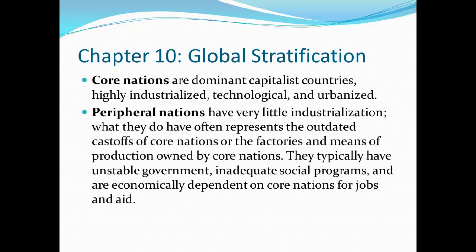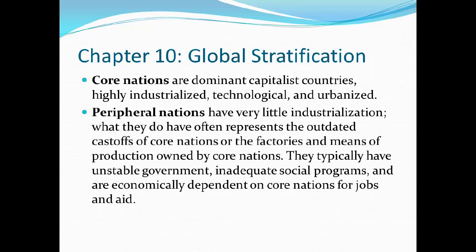I'm happy for that. At the same time, because of peripheral nations, even if they're just trying to get to some of their natural resources, whatever they're trying to do, they may need the highly industrialized, technologically advanced equipment from the core nations in order to get the work done.